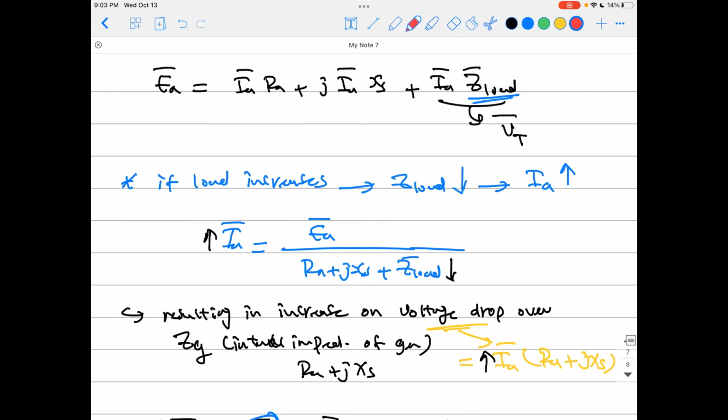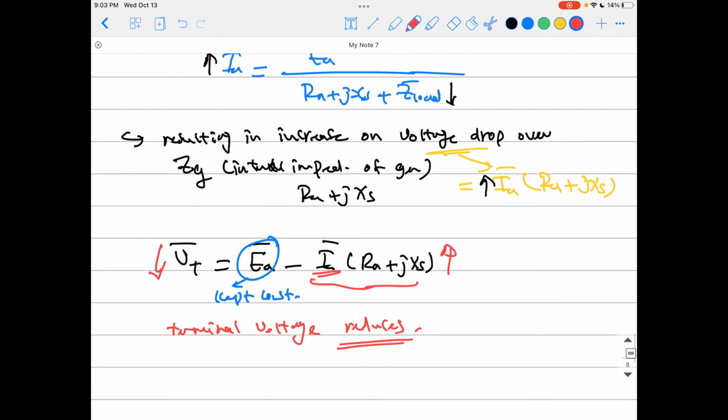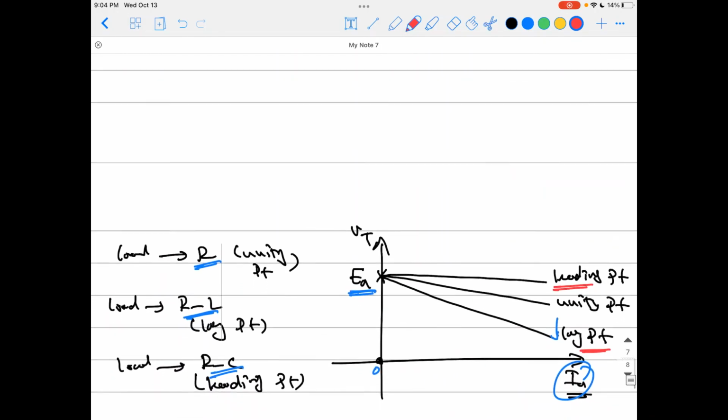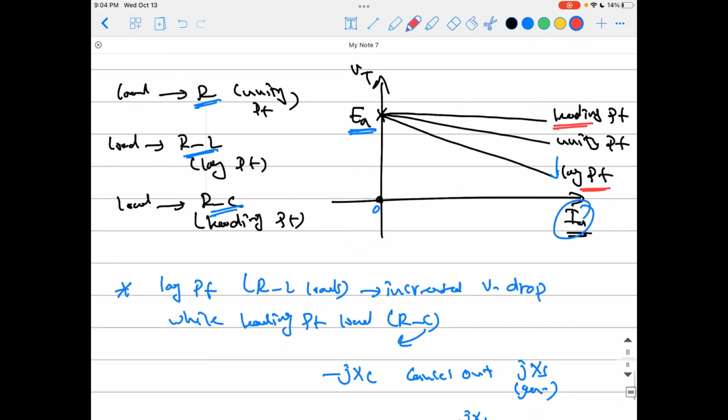And we just learned today what happens if the load changes and how this impacts the terminal voltage, which is a very important thing to deal with when you're talking about such machines, because the generator generates power to meet the requirements of loads.